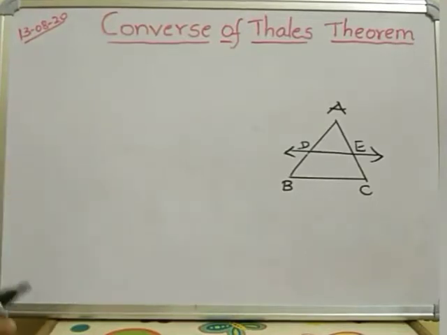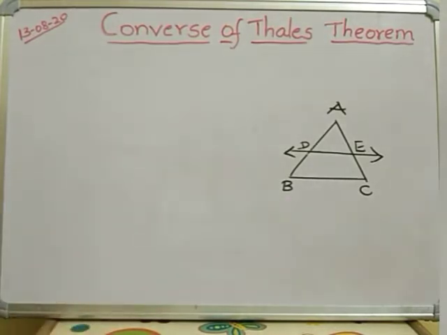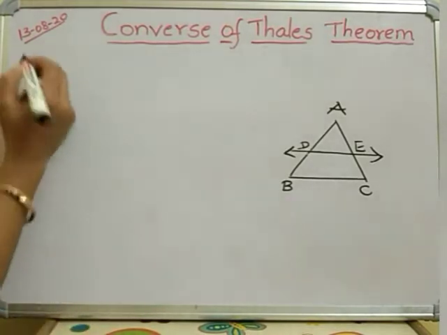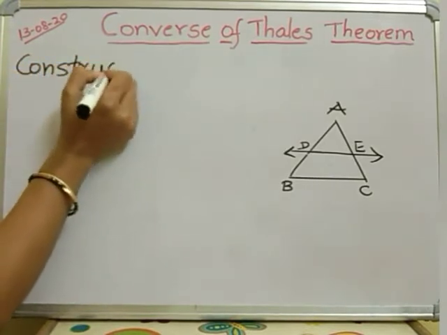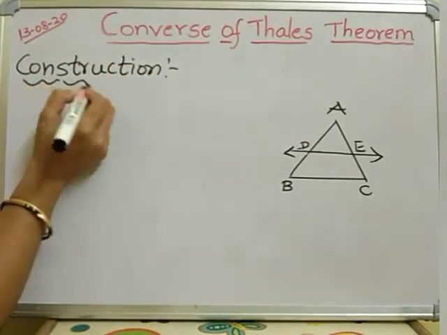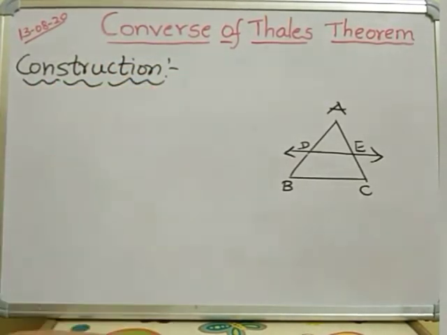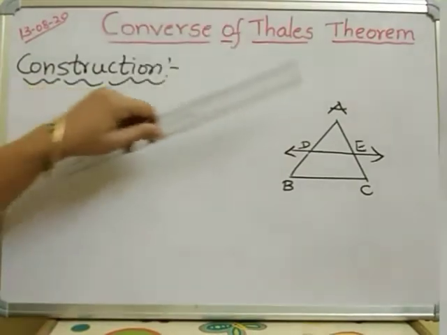Now only by the given data we cannot prove what we want to prove. So construction. Now what is our construction? Let us do that construction. The construction is: draw DE dash parallel to BC.